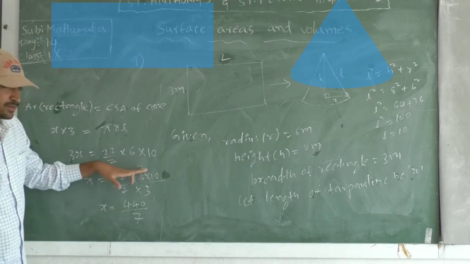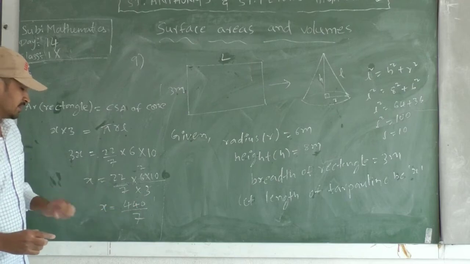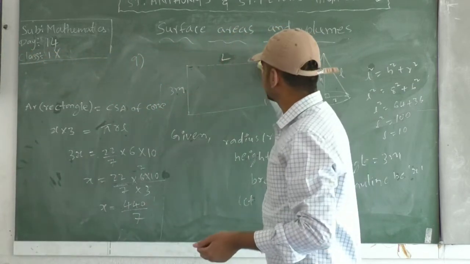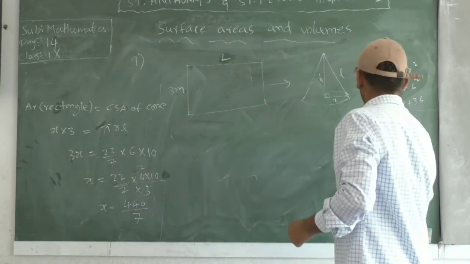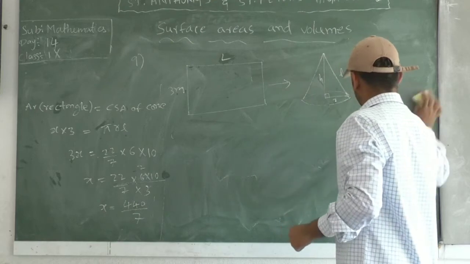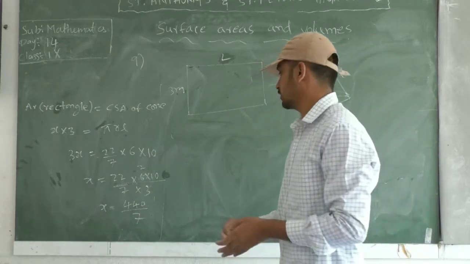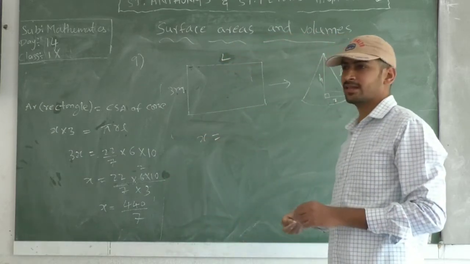We have to convert this fraction into decimal form, so we divide 440 by 7.